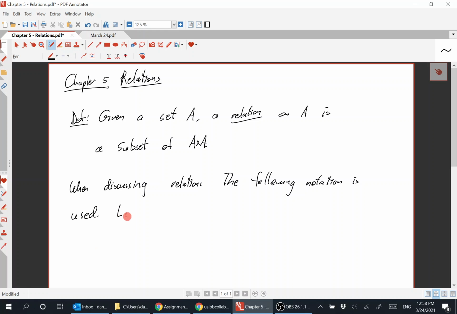There are different symbols, but the most abstract symbol is this twiddle or tilde.